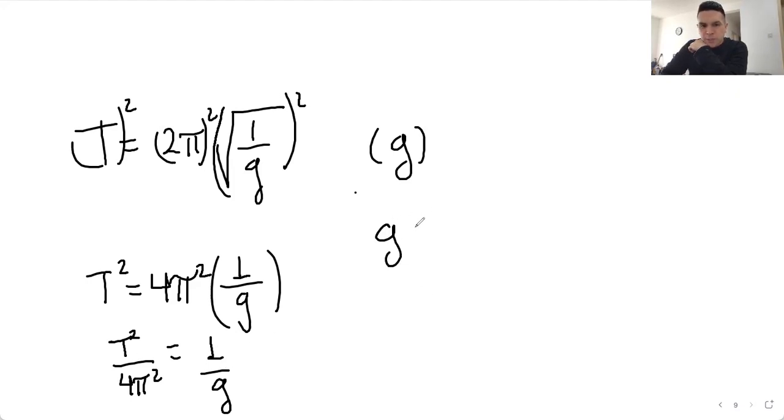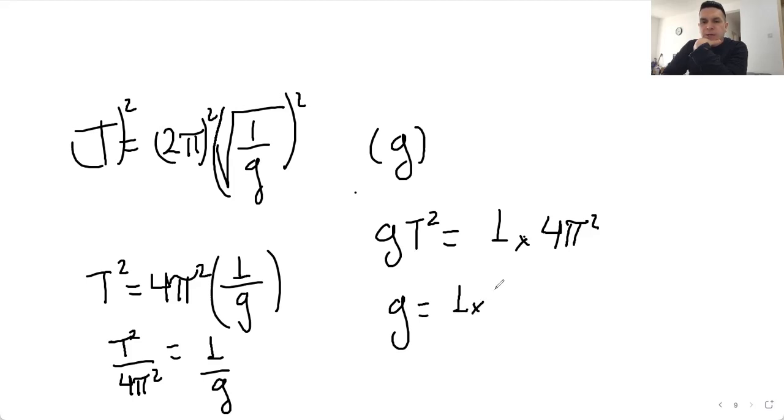Well, let's do it that way, right? It'll be G times T squared equals L times 4 pi squared. And then what we need to do is divide by T squared, right? So we get L times 4 pi squared divided by T squared, right?